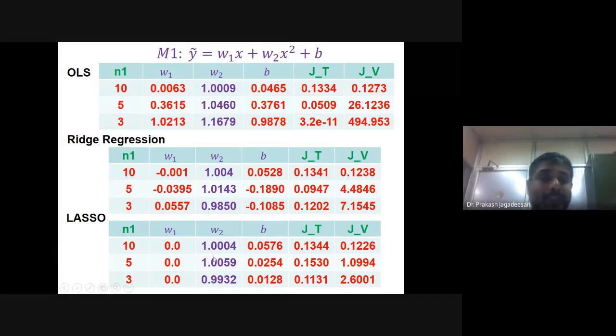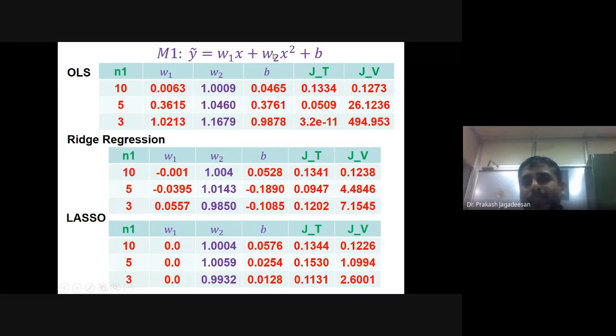So as a result, Lasso is able to figure out that the model is not at all dependent on X. It depends only on X squared. Even though I have proposed a model structure W1 times X plus W2 times X squared plus B, Lasso is able to figure out that the model does not depend on X. As a result, W1 has become 0.